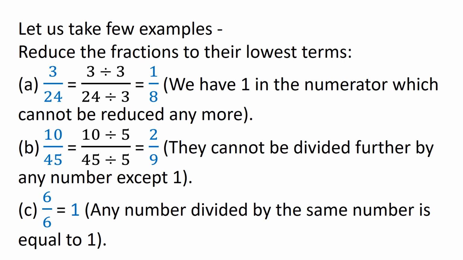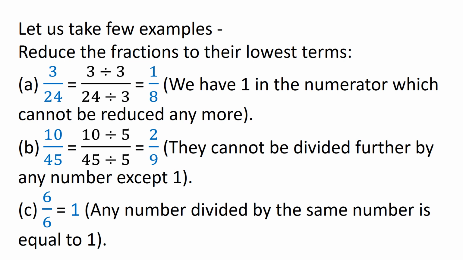So the lowest term of 3 upon 24 will be 1 upon 8. 10 upon 45. Both the numerator and the denominator are divided by 5. We get 2 upon 9. They cannot be divided further by any number except 1. So 2 upon 9 is the lowest term for the fraction 10 upon 45.